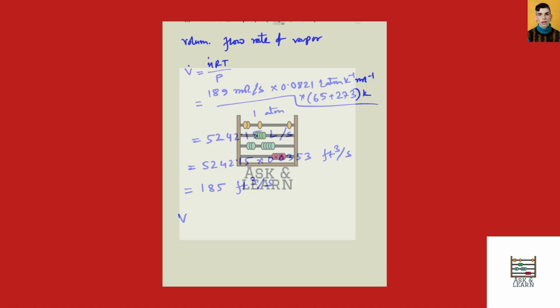Then the velocity at the top is 185 feet cube per second divided by the area, which is 49.38 feet square.